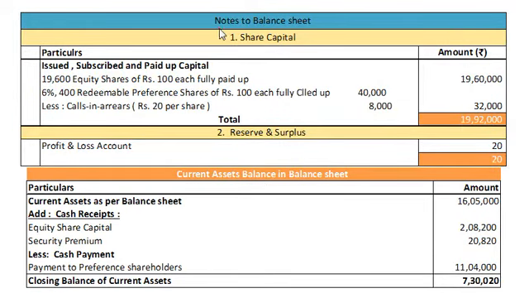Here are the notes to the balance sheet. First is share capital. Issued, subscribed and paid up capital, that is 19,600 equity shares of rupees 100 each fully paid up, 19,60,000. My dear students, before we check the 19,600, let us see the existing share capital of the company.